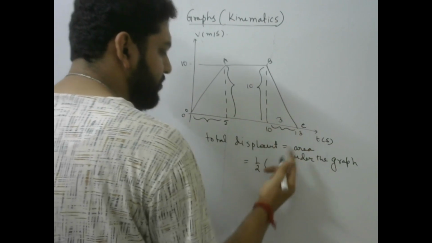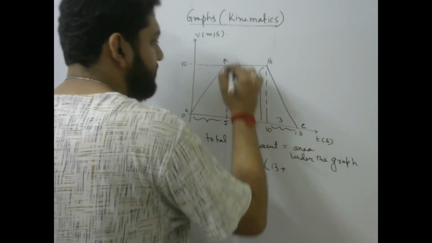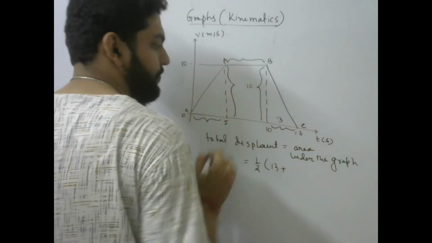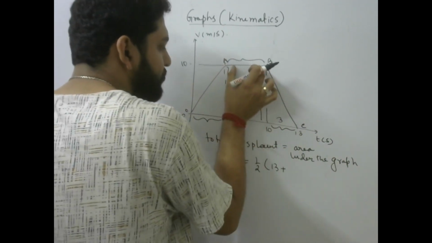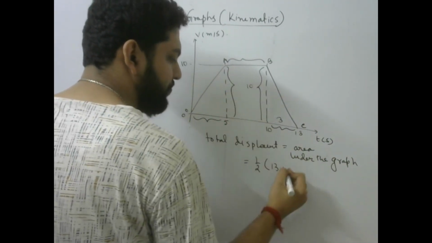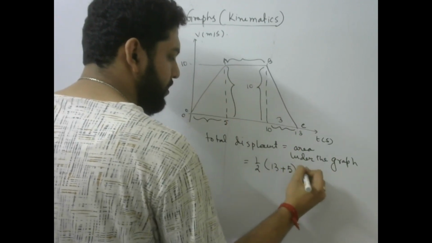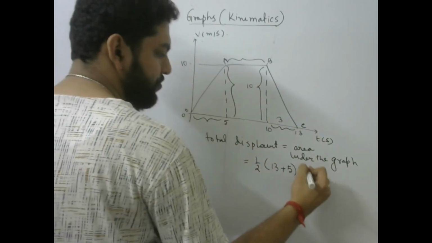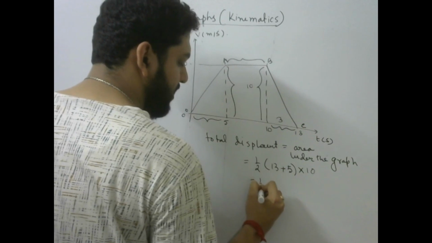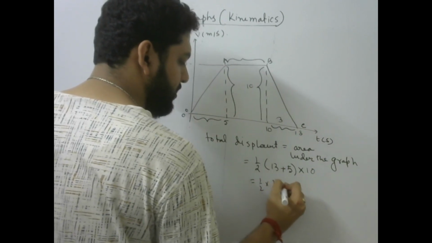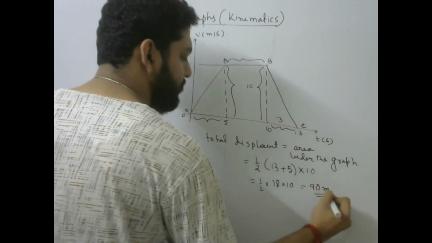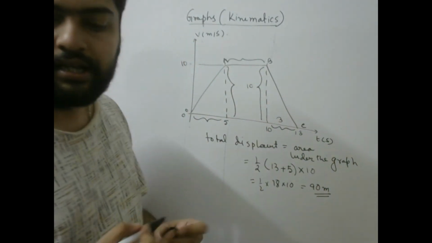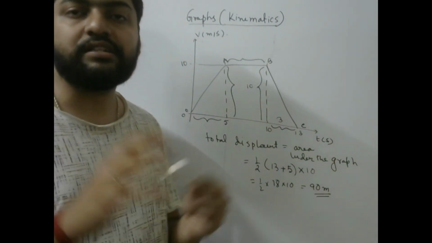The base is your 13 plus, this width 10 minus 5, is your 5, into the height, which is your 10. So that is half into 18 into 10, that is 90 meter, your total displacement. 90 meter is the total displacement.